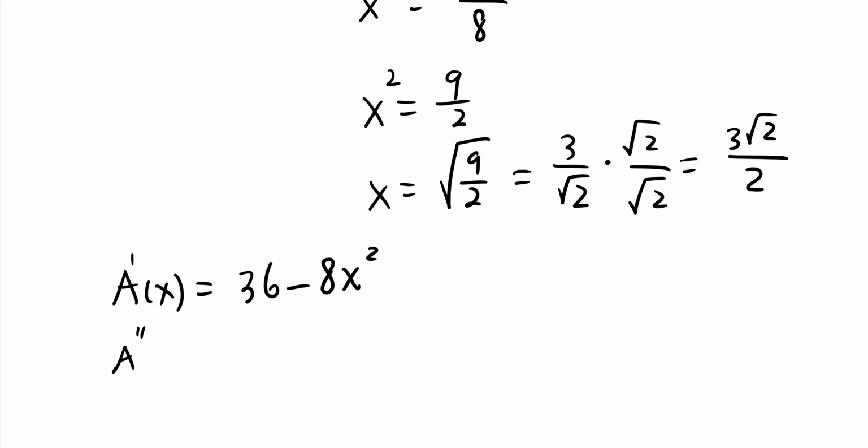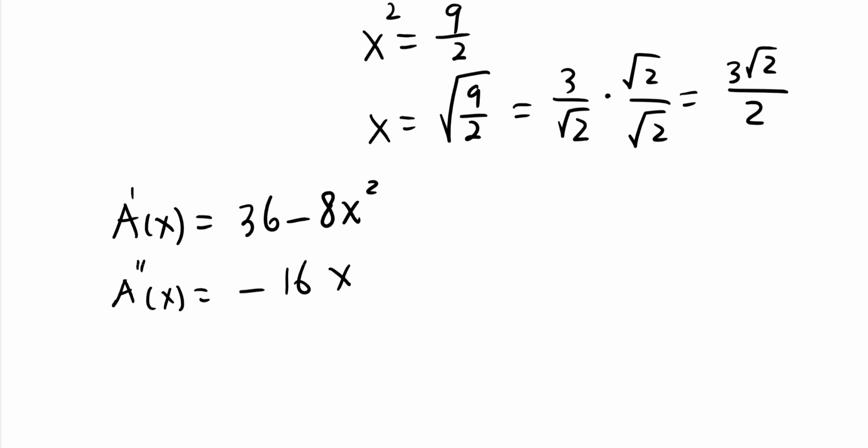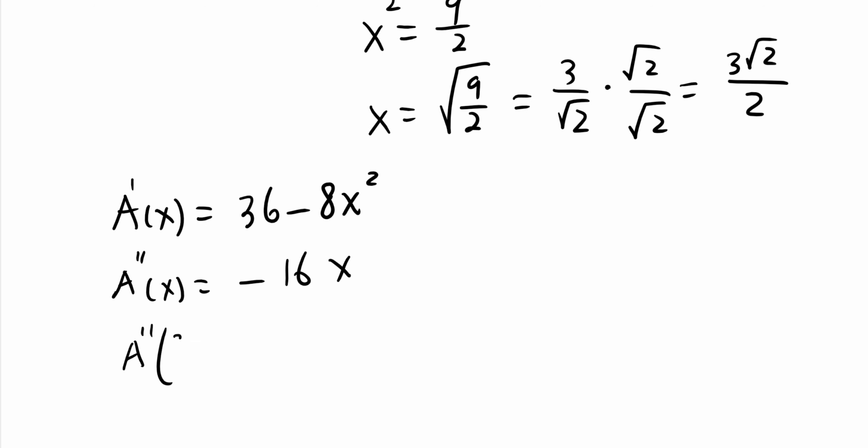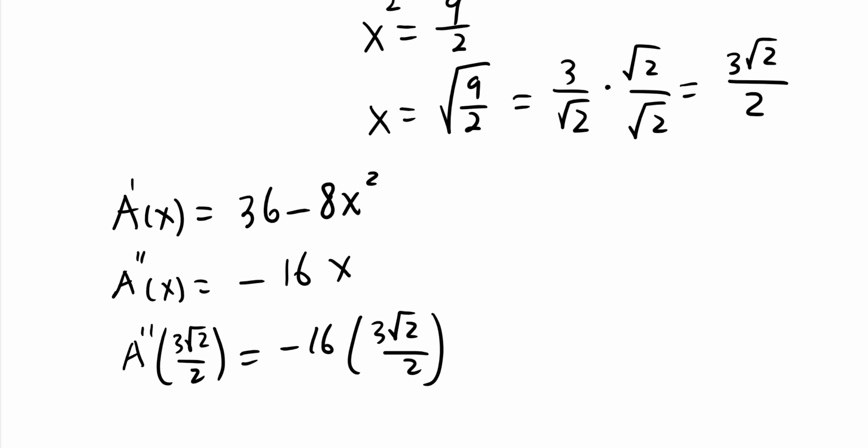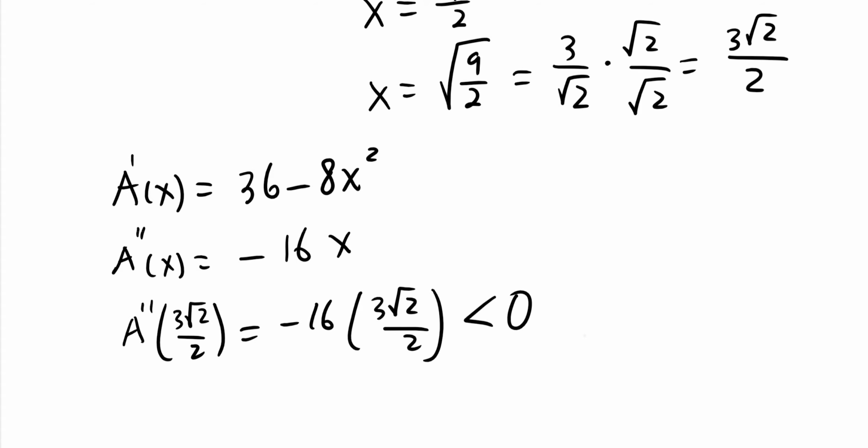We need the second derivative, which is negative 16x. At x equals 3 square root of 2 over 2, we get negative 16 times 3 square root of 2 over 2. Simplified or not, you can see this is less than 0.